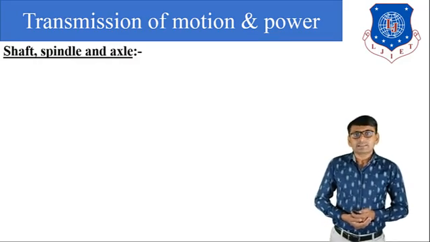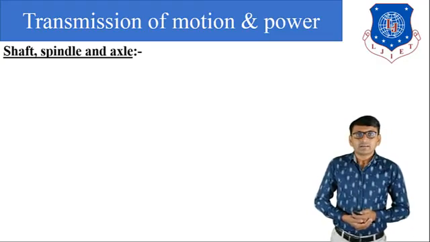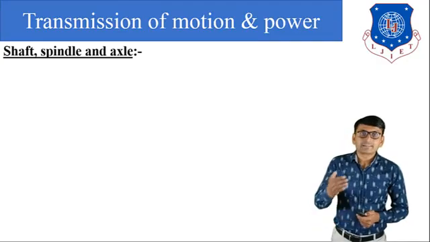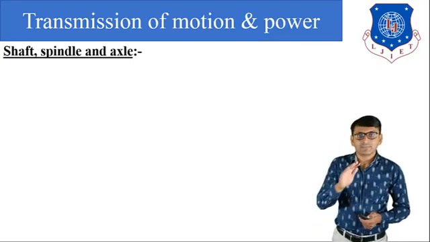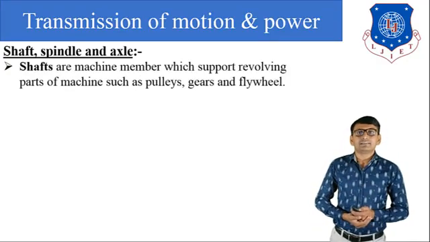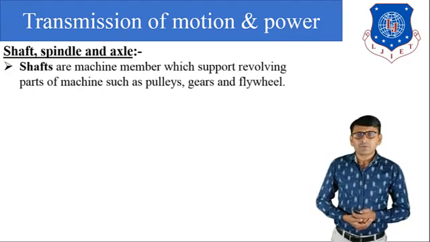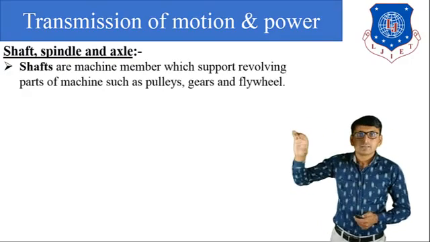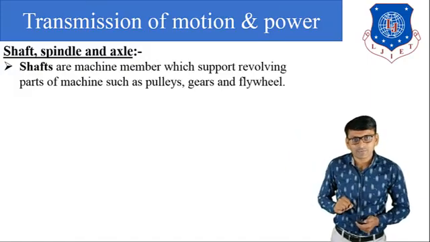Now we discuss shaft, spindle and axle. So first one, shaft. Shaft means, for example, an iron rod, that is simply a shaft.